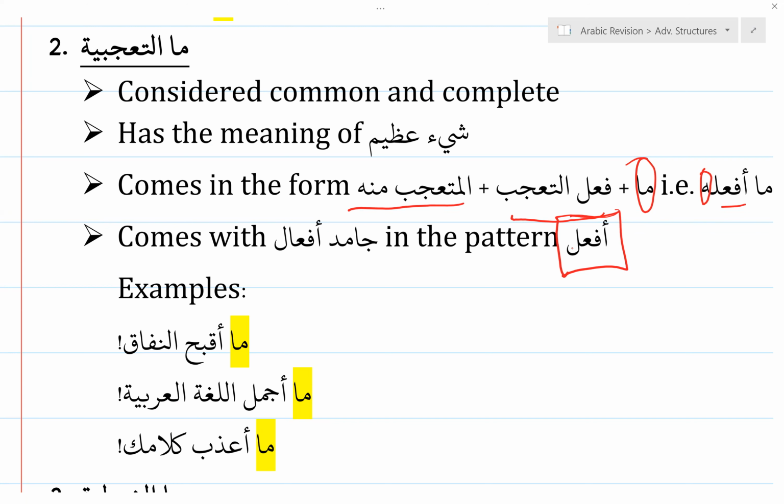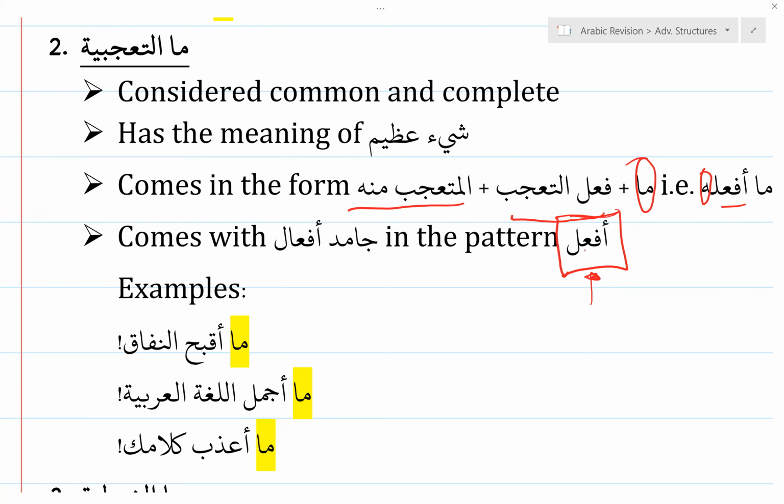But these verbs that enter into this pattern and come with ma at-ta'ajjubiyya have to be jamid. You cannot do sarf of them, in other words. So you can't do the sarf of ajmala. How beautiful. There's no sarf of ajmala. So it's a fi'l jamid that comes in this pattern. It's not aslama family, it's just a pattern that looks like the aslama family, but it's a fi'l that is jamid.